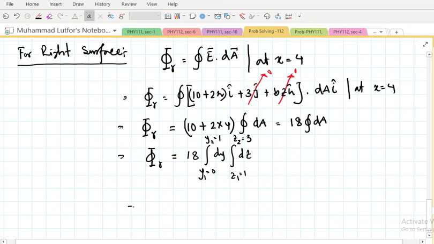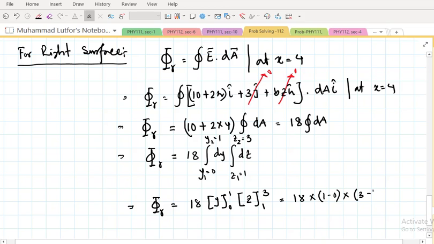Then you can find out, so this phi r is going to be 18 into y from 0 to 1, and dz, if you integrate, you will find z, from 1 to 3. I'll find 18 into (1 minus 0) into (3 minus 1), so that will give me phi right would be 36, right?